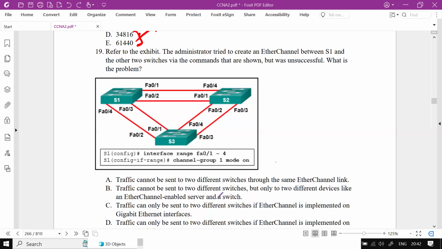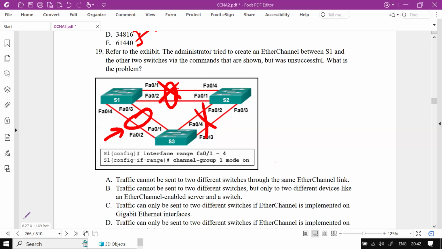Traffic can only be sent to 2 different switches if the EtherChannel is implemented on... which answer speaks to exactly what I said. You cannot have multiple EtherChannels on one switch. So this is an EtherChannel, this is another EtherChannel. You cannot do that. You can only have one, meaning this one and only this one. You cannot have this one as well.